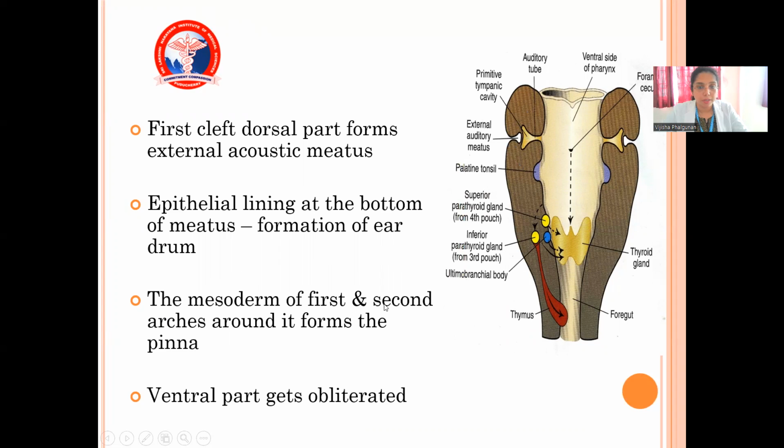The mesoderm of the first and second arches around it forms the pinna, whereas the ventral part will get obliterated. So all the derivatives of the first pharyngeal cleft are derived from the dorsal part of that cleft, whereas the ventral part just gets obliterated.